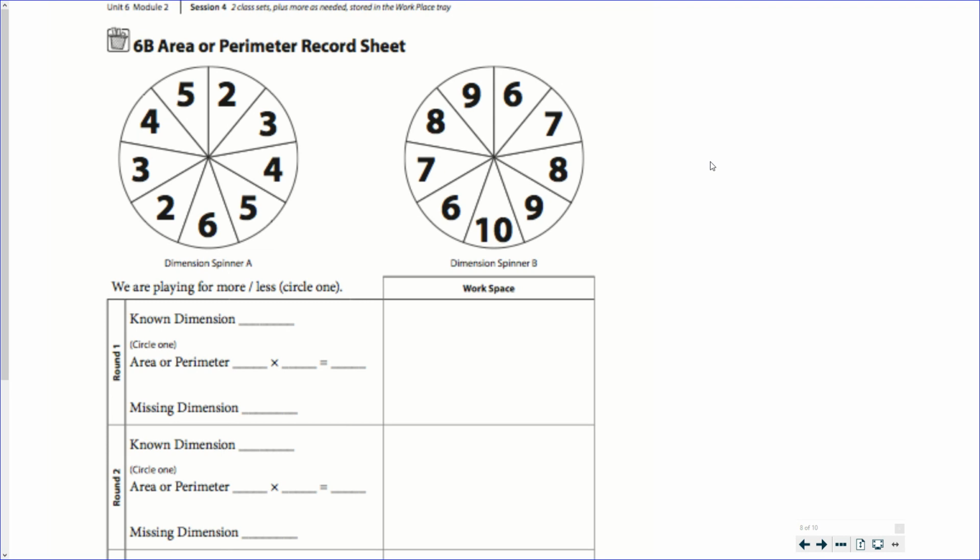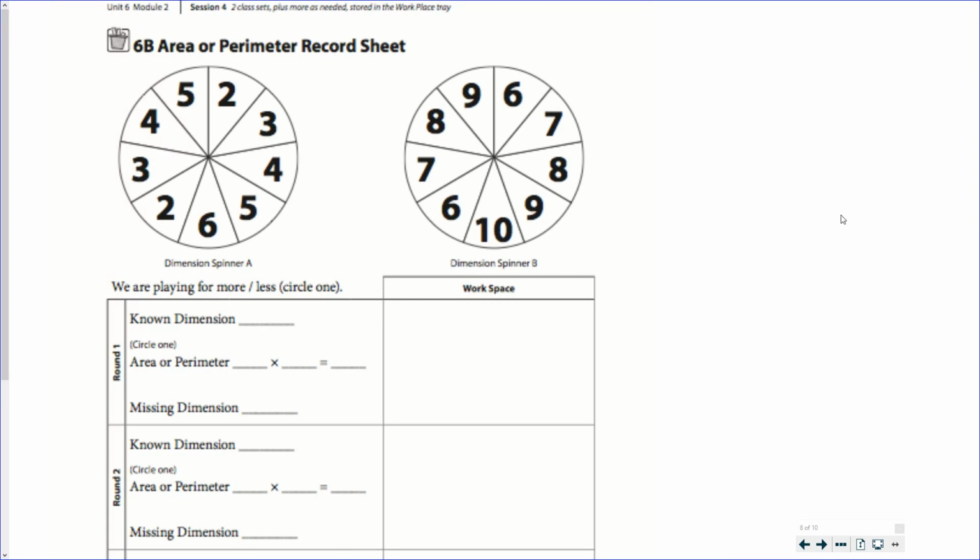Unfortunately, they want you to have 2 die, the 1 through 6 die and 4 through 9 die, I believe. If you don't have dice at home, you can just write numbers on a little piece of paper, put them in a hat or bucket or something, and pull those numbers out as your random numbers. And then the last thing, they do want you to have 2 of these record sheets, one for you, one for your partner.